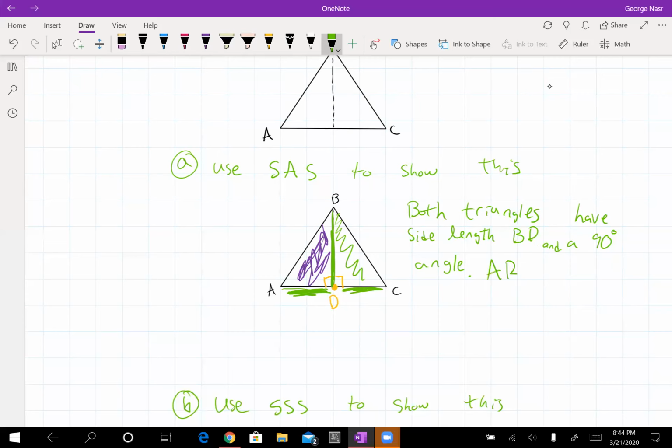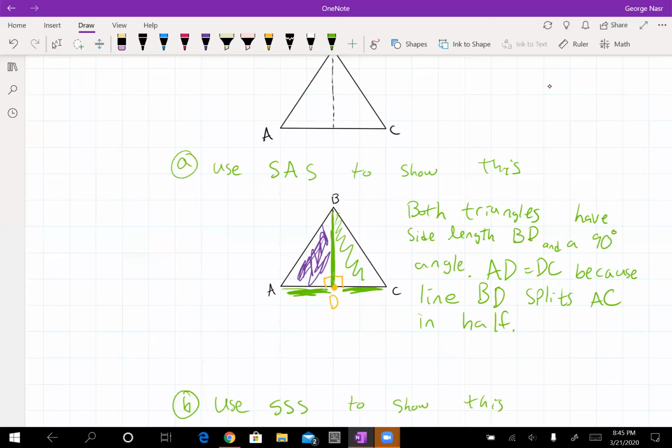And in fact, we do have that AD equals DC because the line BD splits the whole line AC in half.